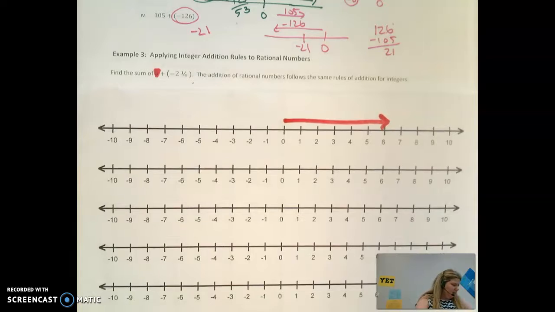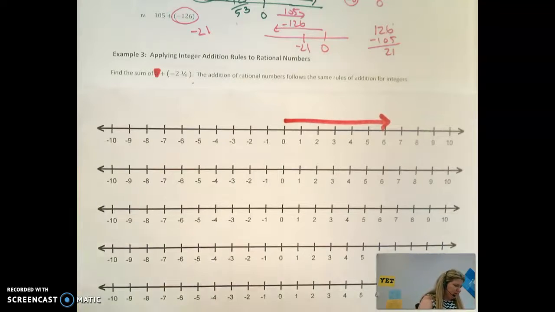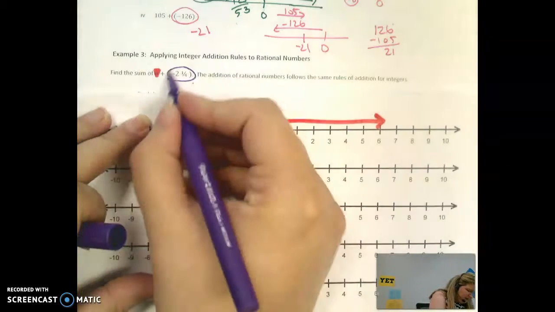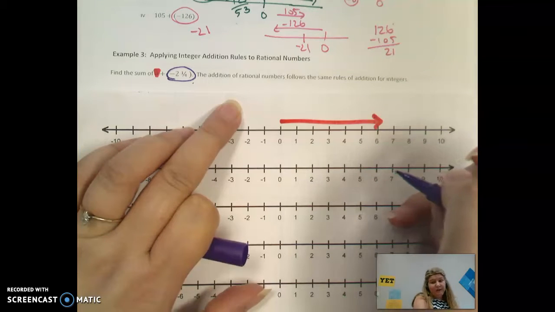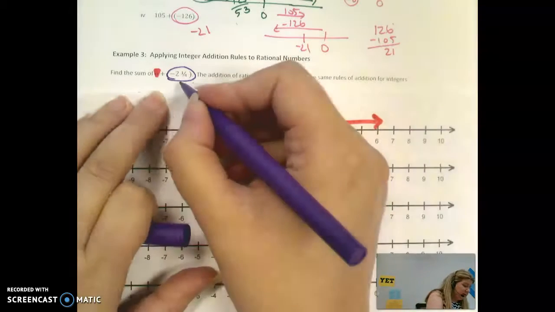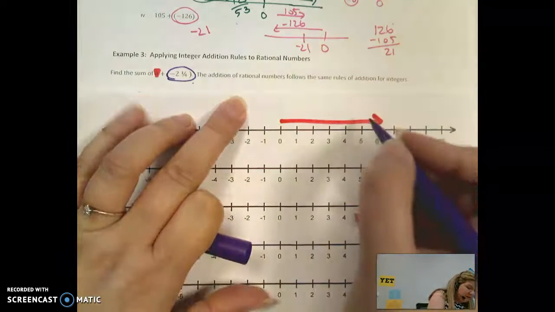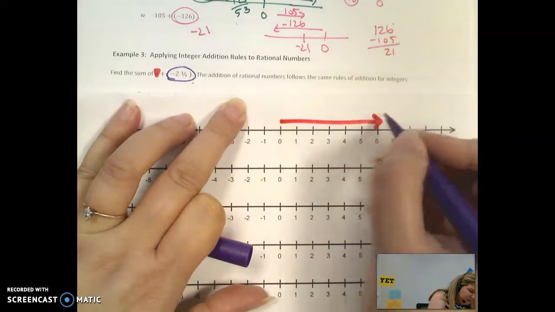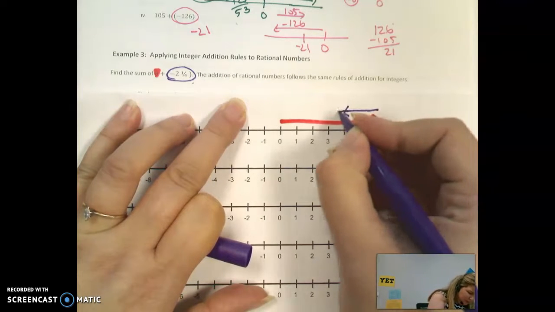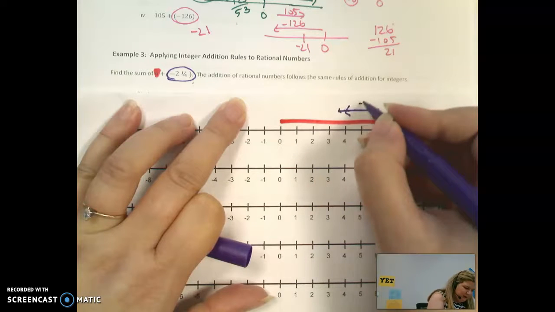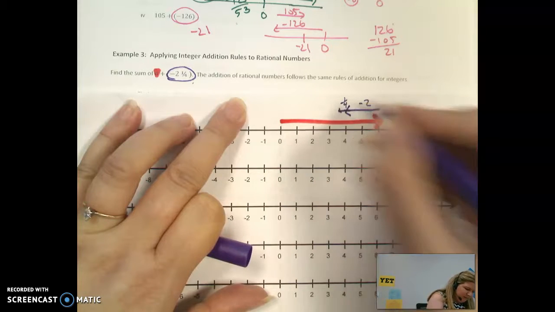And then from that, 6 and negative 2 and 1/4. I might get confused, so here's what I'm going to do to help me. This is negative, it's going backwards. I'm going to draw the 2, and then I'm going to say 1/4. Negative 2, negative 1/4.